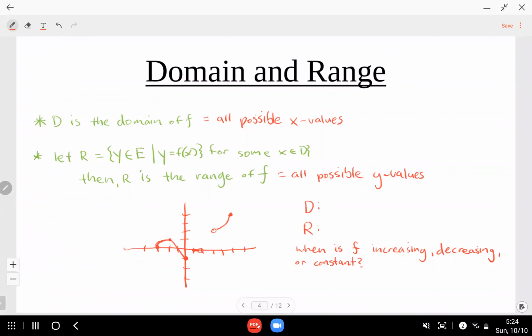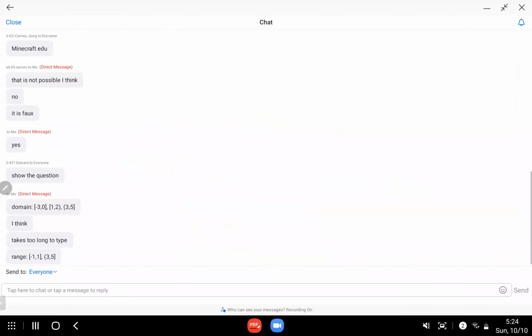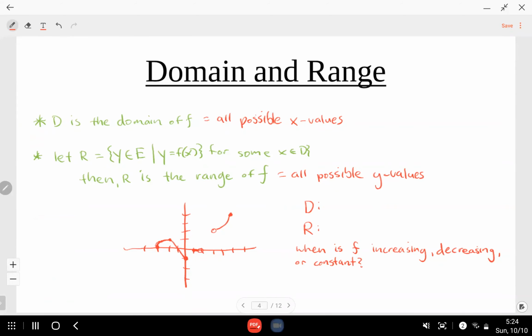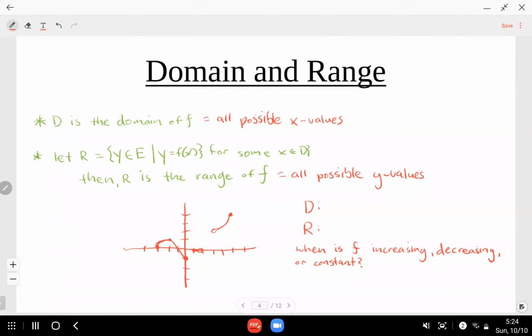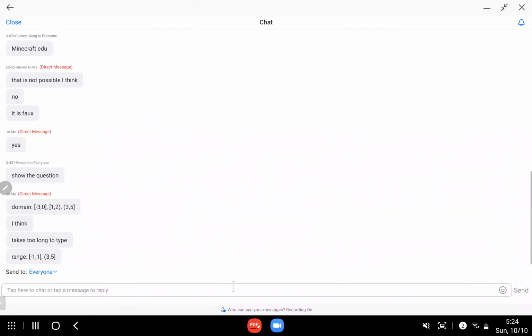Very good, that is correct. And the range is -1 to 1, 3 to 5.